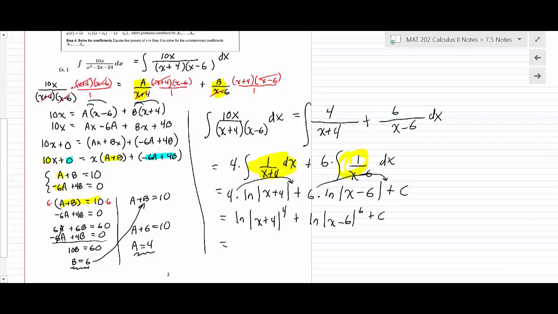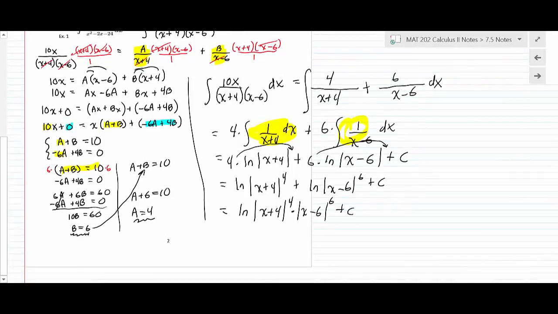Now, how do you write the two logs together if they're a sum? Multiplication, exactly. That's college algebra stuff. So you could have ln of (x plus 4) to the 4th times (x minus 6) to the 6th plus c.